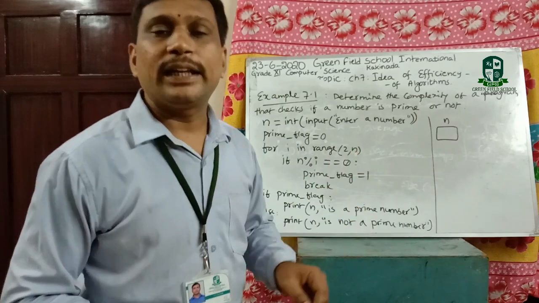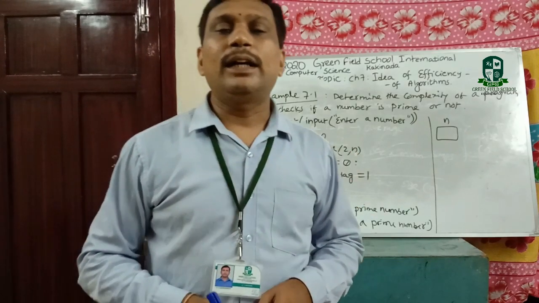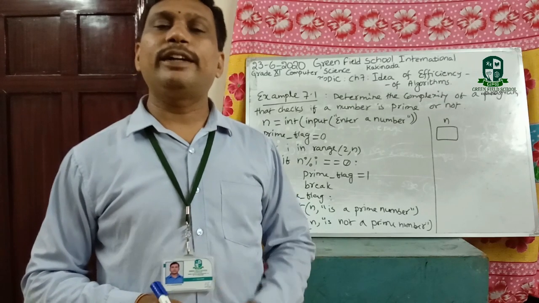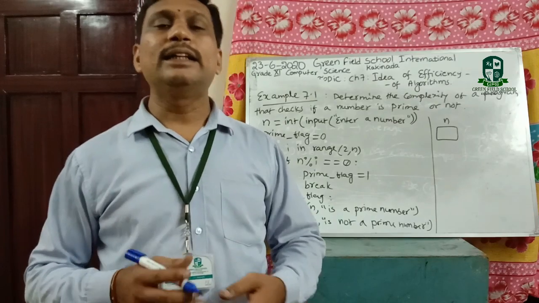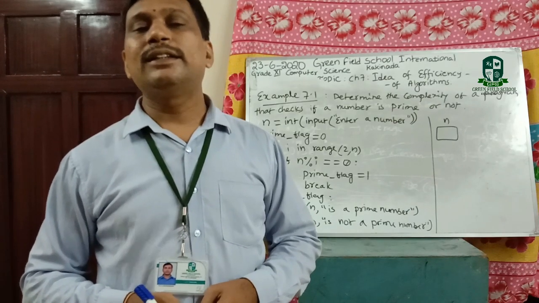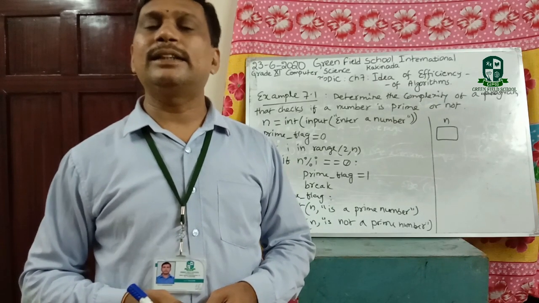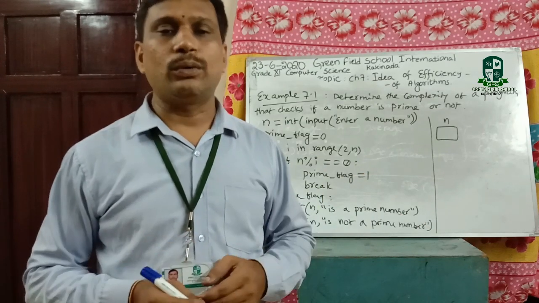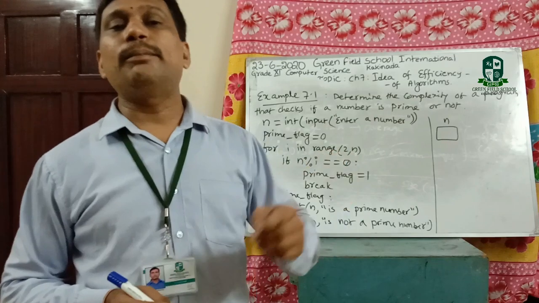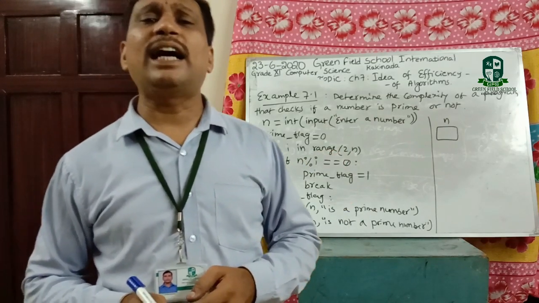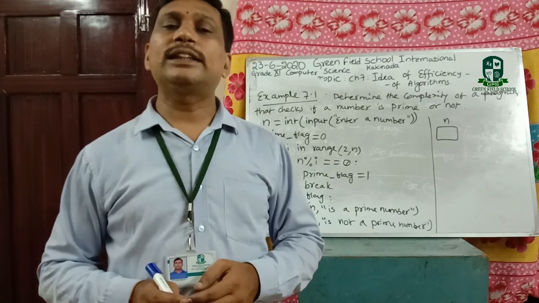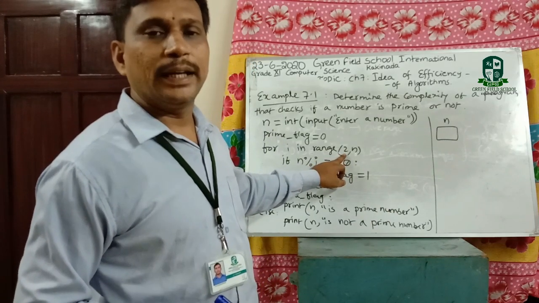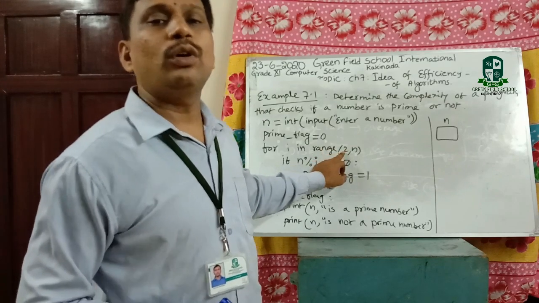Because every number divided by 1 gives remainder 0, that is not the quotient, that is the remainder. That's why we do not divide by 1, and that's why we have not taken 1 here. So we divide this number starting from 2 to n.